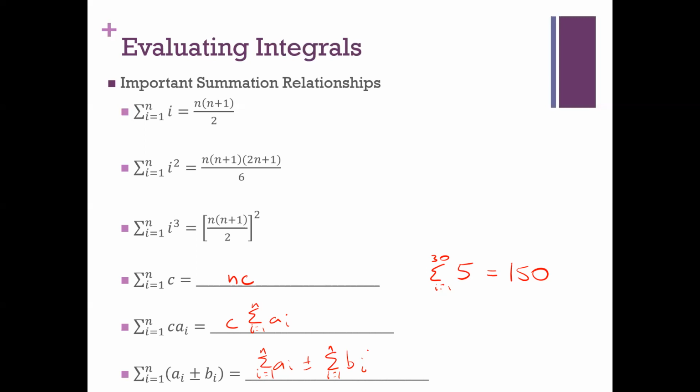It gets a little dicey when you're thinking about things that aren't necessarily constant. Well, let me try to give you a concrete example here. We'll keep it simple. What if I'm looking at the sum from i equals 1 to 5 of i? What's that sum going to be? Not 5i. I'm not multiplying together.